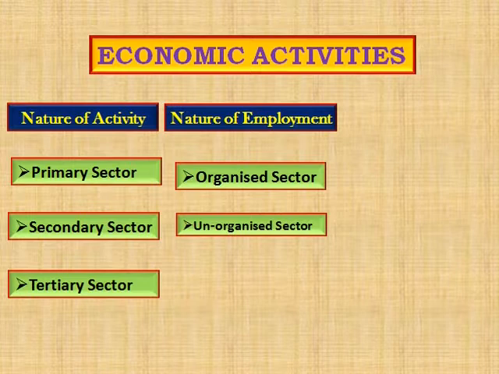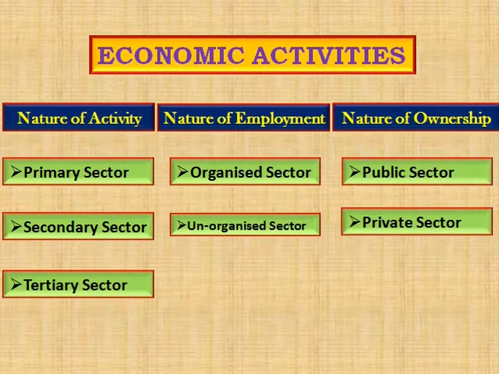Based on nature of employment, it can be organized sector and unorganized sector. Then it is nature of ownership, and based on nature of ownership, it can be public sector and private sector. When we say sector, I refer to group activities.